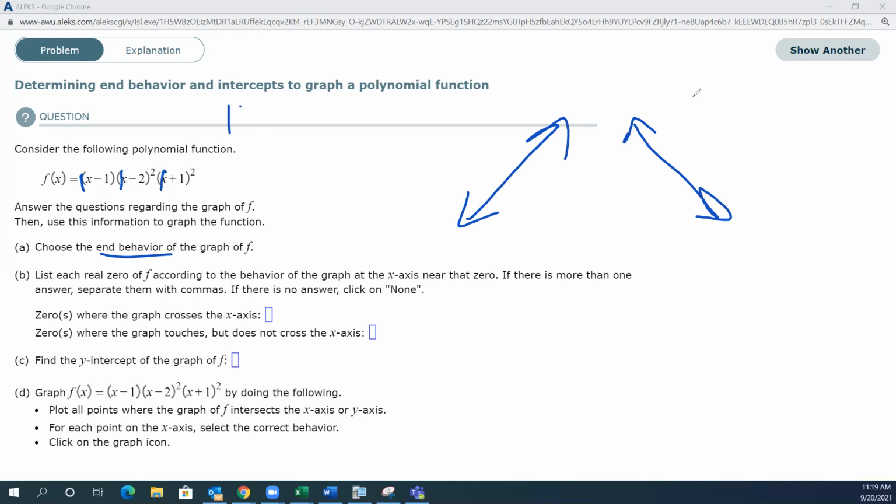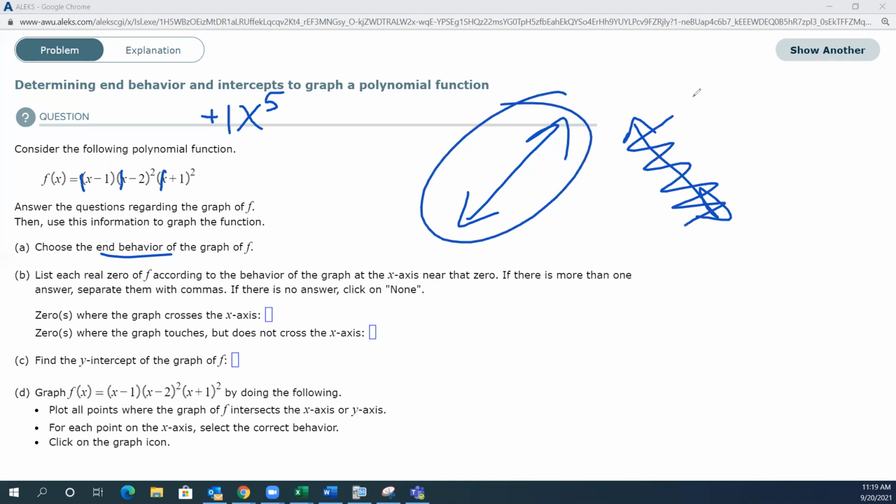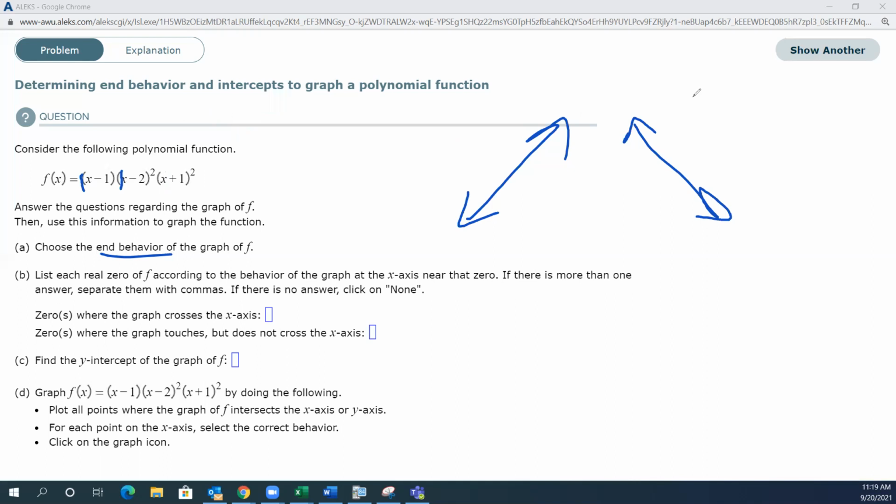That's all going to end up being 1x to the 5th, as in positive 1. So we know it's going to be going up. Okay, going up. So the end behavior is going to be falling to the left and rising to the right. Okay, or an increasing function, whatever. Okay, so that's going to be the answer to part A.